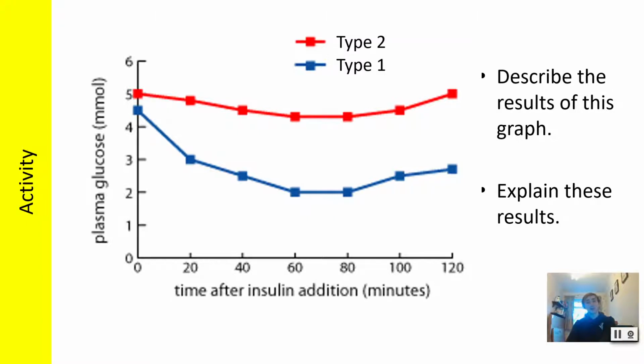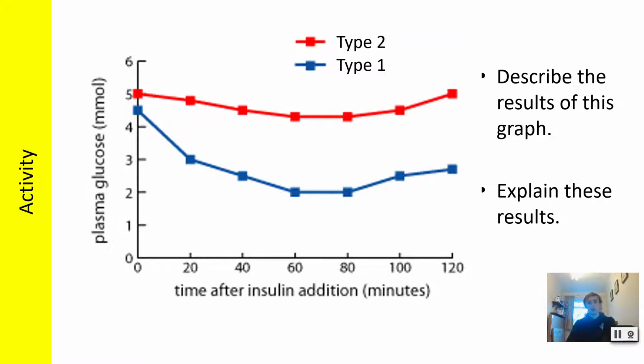So the describe bit is easy. The describe bit is, well, I'm going to add some insulin. So you can see on the x-axis, we've got time after insulin addition. I'm going to add some insulin to people with type 1 and type 2 diabetes. And I'm going to record what happens to their blood glucose.